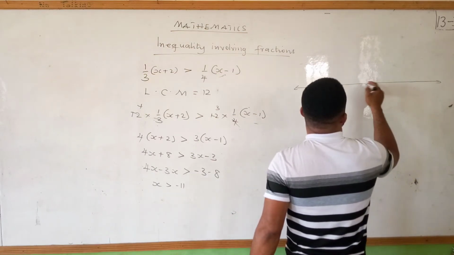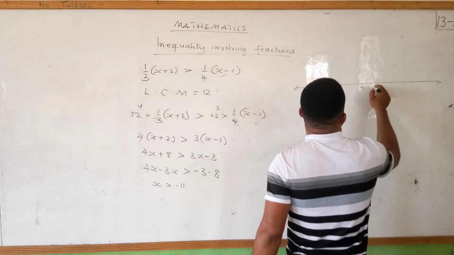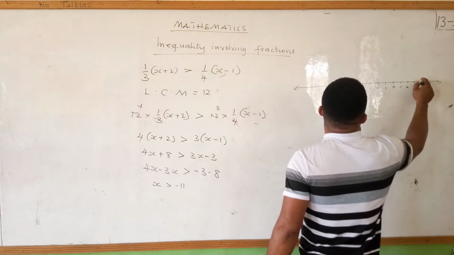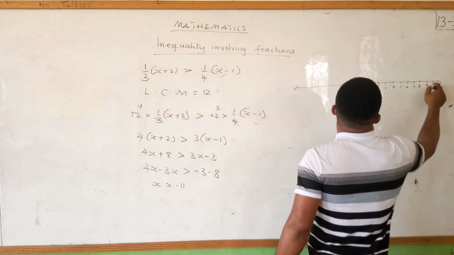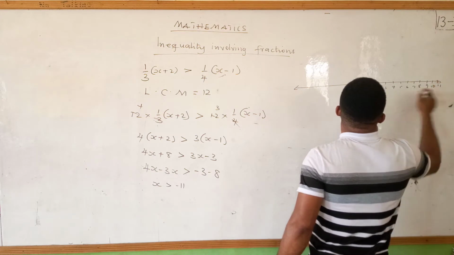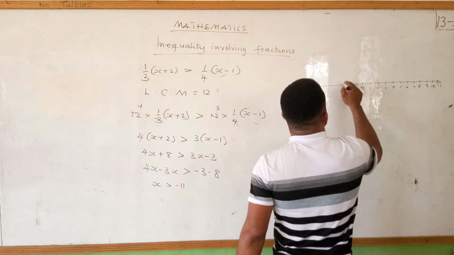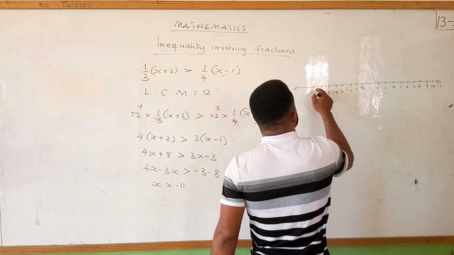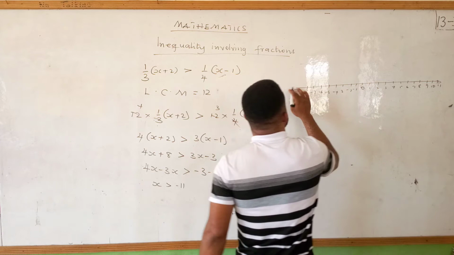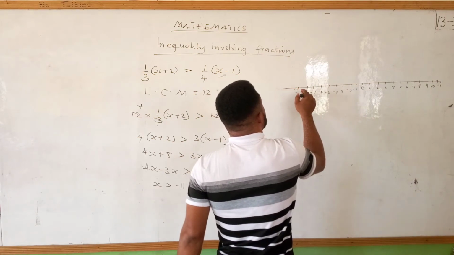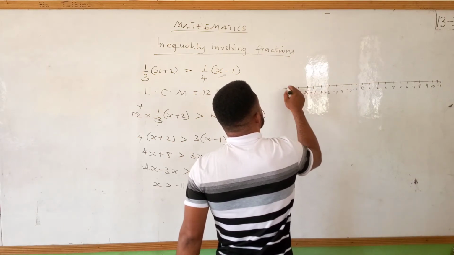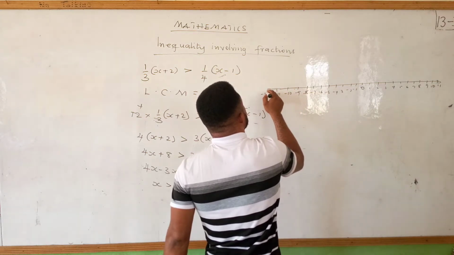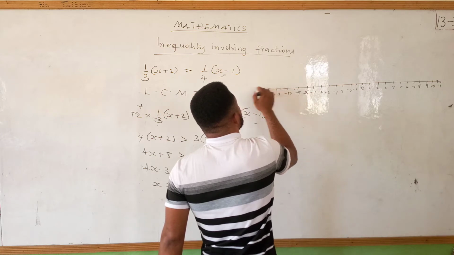So we can have 0 here, 1, 2, 3, 4, 5, 6, 7, 8, 9, 10, 11, negative 1, negative 2, negative 3, negative 4, negative 5, negative 6, negative 7, negative 8, negative 9, negative 10, negative 11, negative 12. Okay.